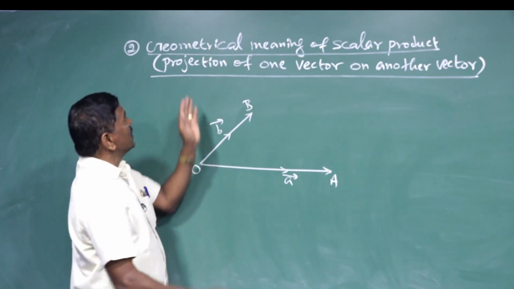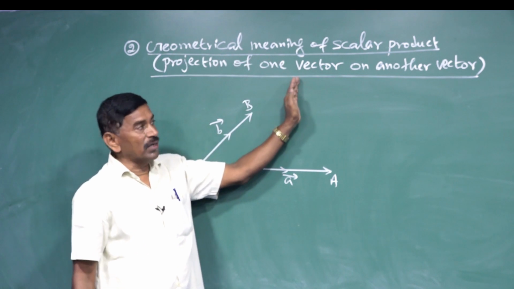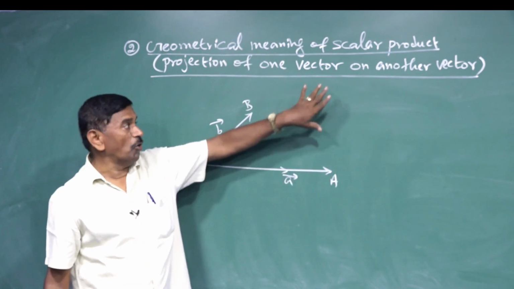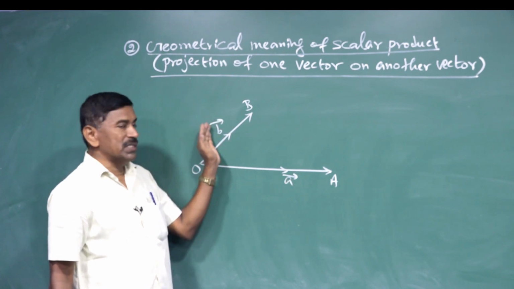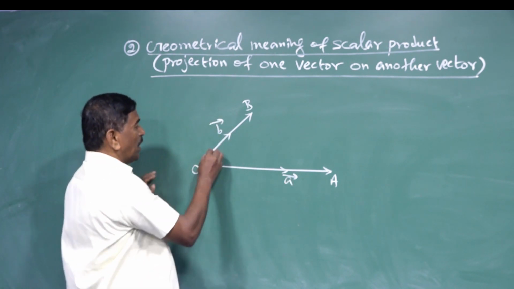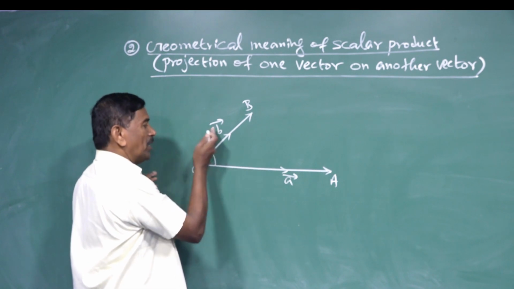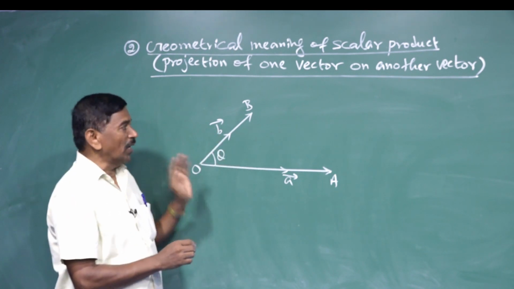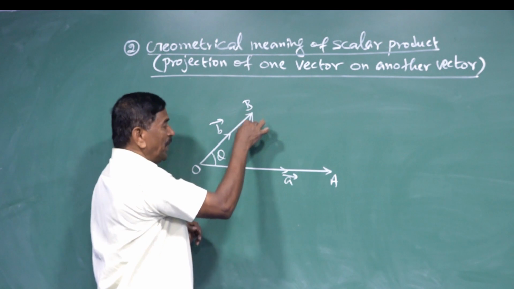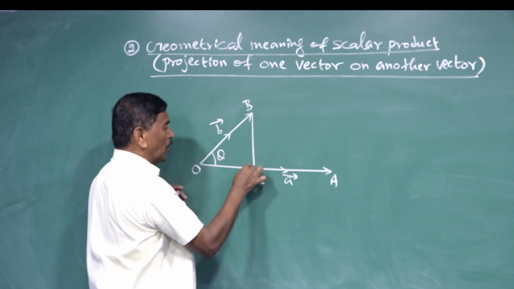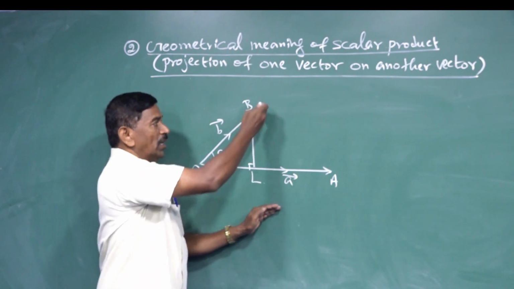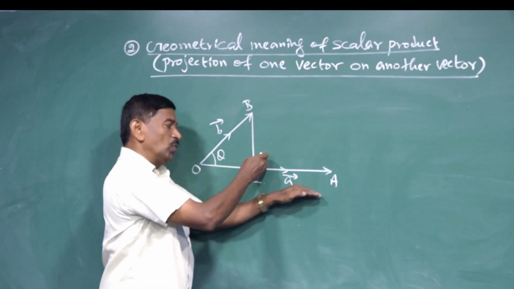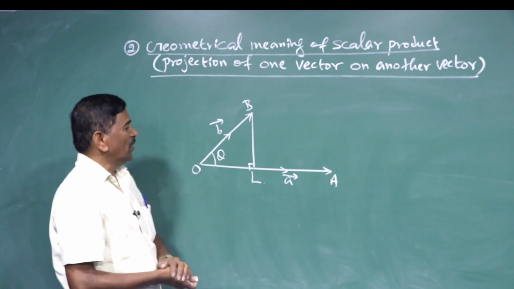The topic is the projection of one vector on another vector. Let theta be the angle between A vector and B vector. Now draw BL perpendicular to OA. That's all. That is the concept.